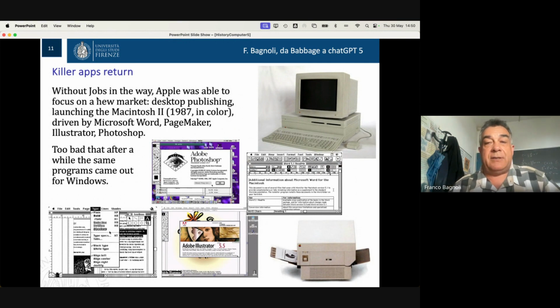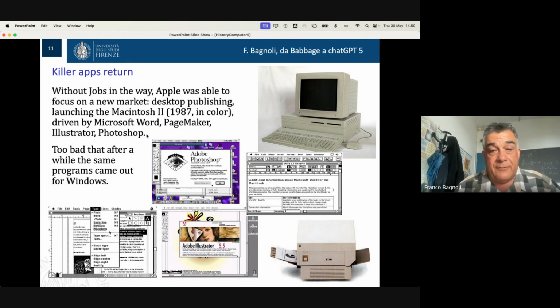And so, without Jobs in the way, say, breaking the plans, Apple decided to use the desktop publishing sector as the main target beyond the universities.